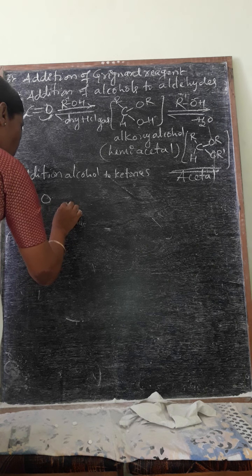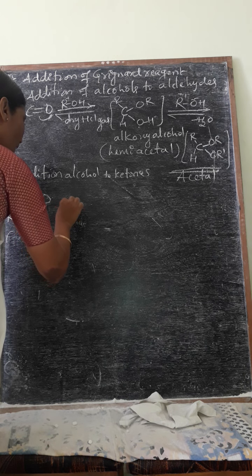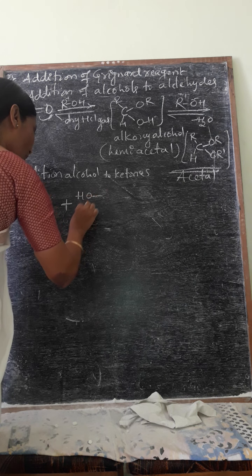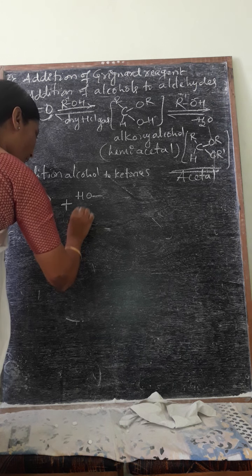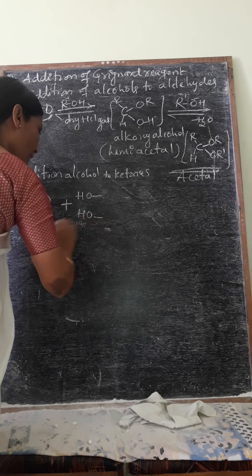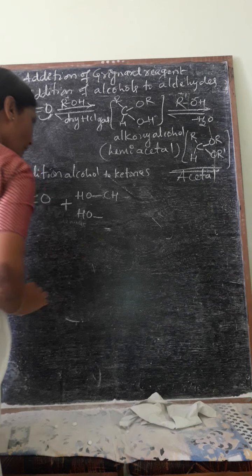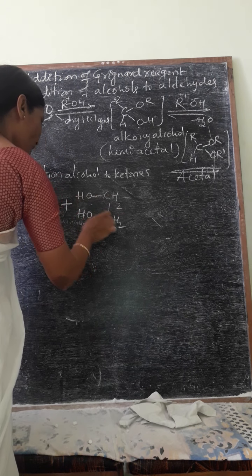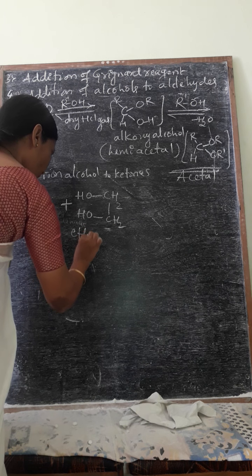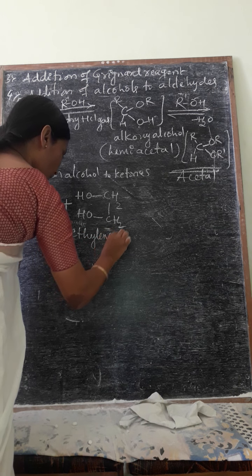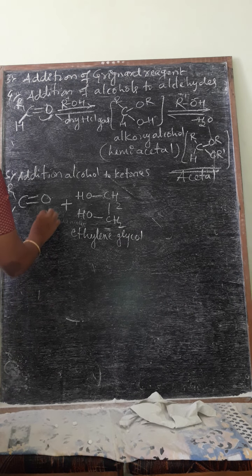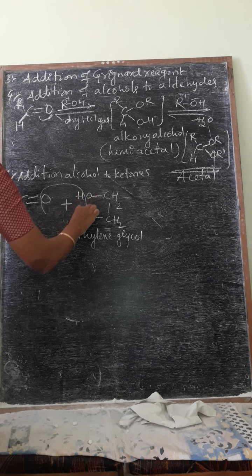The condition is ethylene glycol. I will write the ethylene glycol formula this way: CH2OH CH2OH. The name is ethylene glycol. There is definitely elimination of water molecule.